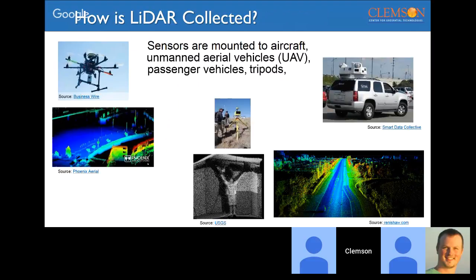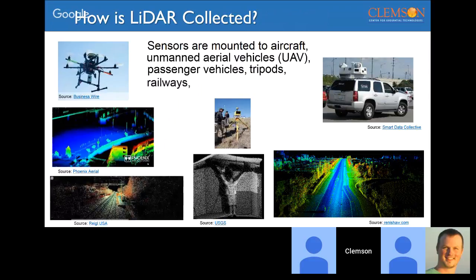You can put them on a tripod to do scans from a single orientation, say scan your friend here in the corner. You can put them on trains, on boats, on satellites orbiting the Earth, or even on spacecraft that visit other places like Mars. So there's lots of ways we can collect our data.